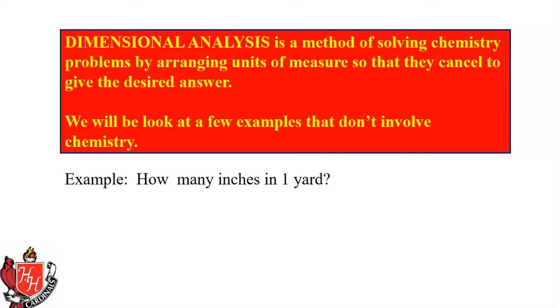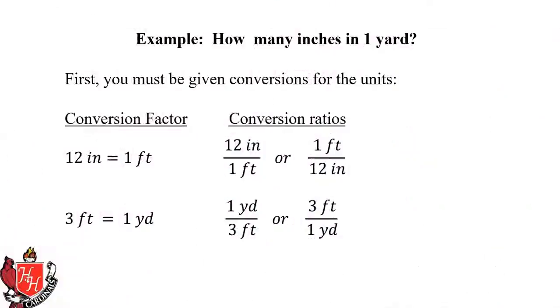So let's start with one that you should be familiar with, these units of measure. How many inches in 1 yard? So we're just dealing with the common units of measure that we use here in the United States. The first thing you need to have is conversion factors, which relate first of all inches to feet and then feet to yards.